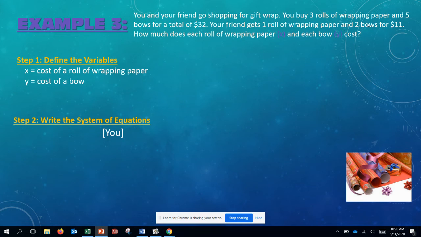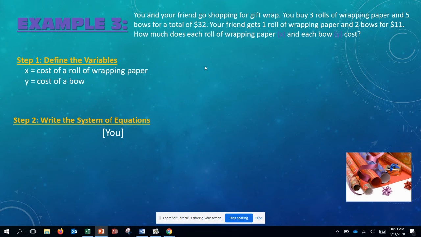So you buy 3 rolls of wrapping paper and 5 bows for a total of $32. In this case, x and y represent costs. So just as we did last time, each piece of our equation has to represent how much it's going to cost us to buy wrapping paper, how much for each bow, and how much it costs in total. So we know it costs us $32 in total, so our equation is going to equal 32.